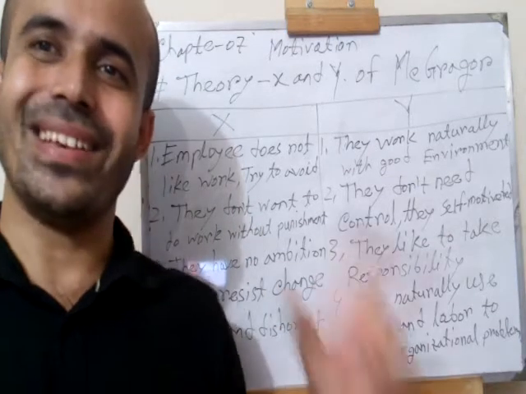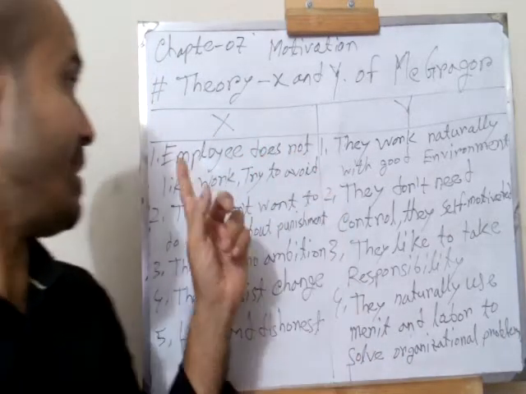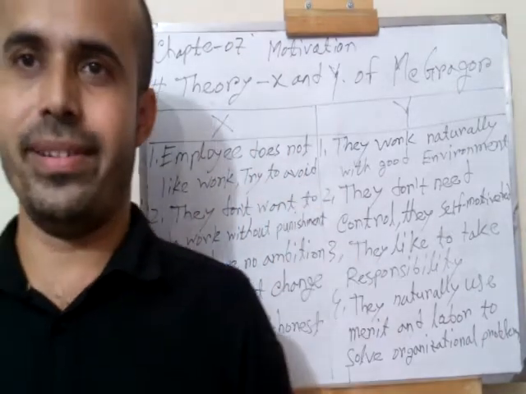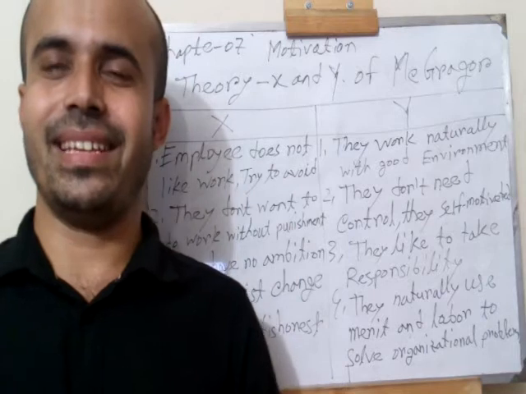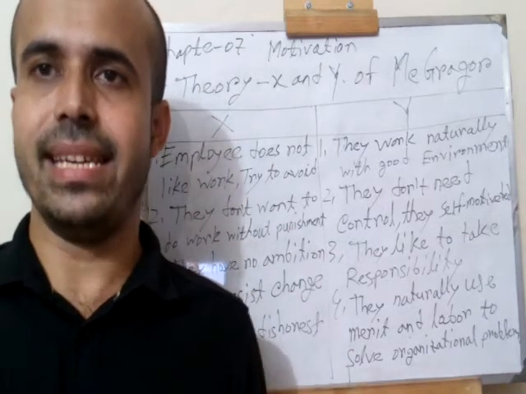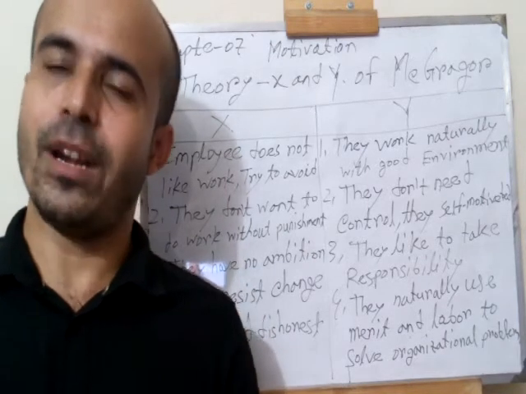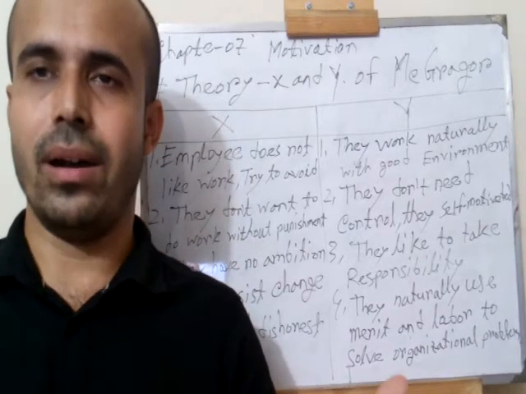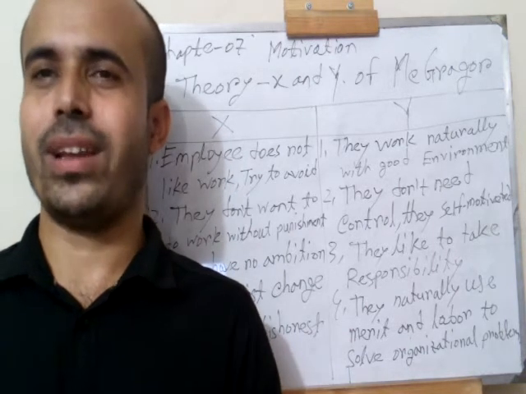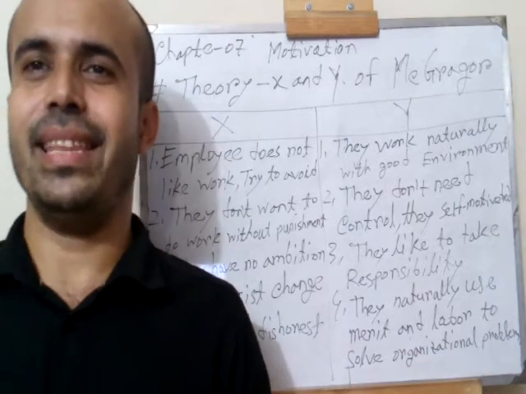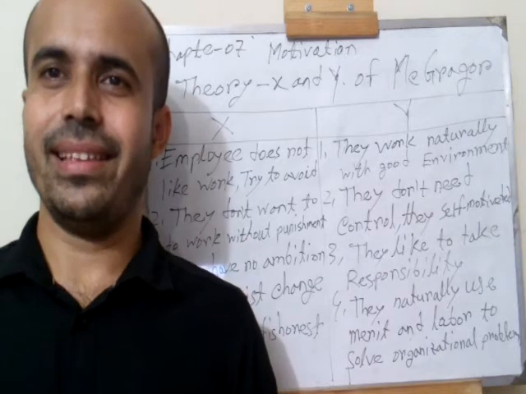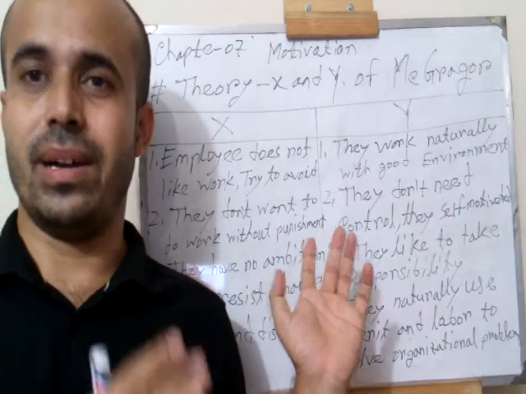First, in the first point of the list: the employee does not like work and tries to avoid it. In this first imagination, employees are assigned in the organization with a salary, but when they get the job, when they get the appointment, they work for some days, and after that they don't want to work willingly.